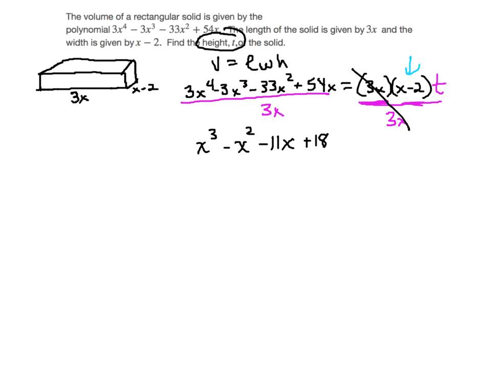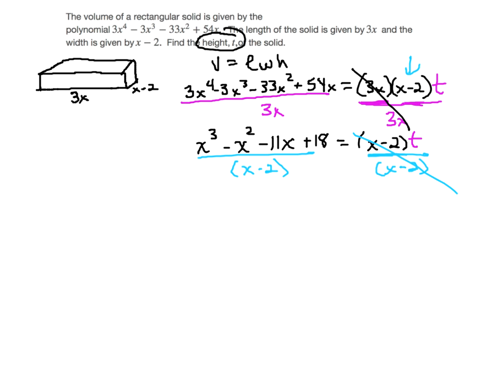So I've divided that 3x off of both sides, and now I'm left with x minus 2 times some height that I'm trying to figure out, t. Okay, so now if I divide this x minus 2 out of, or off of both sides, so it's going to come out of that polynomial, what I'll be left with is my t height.